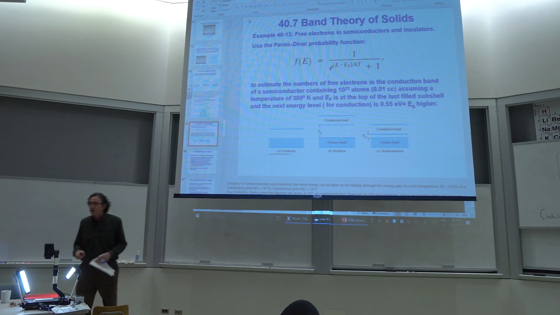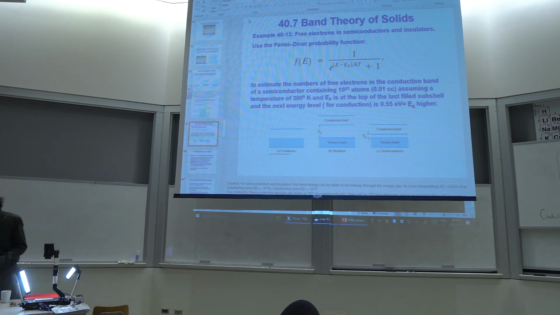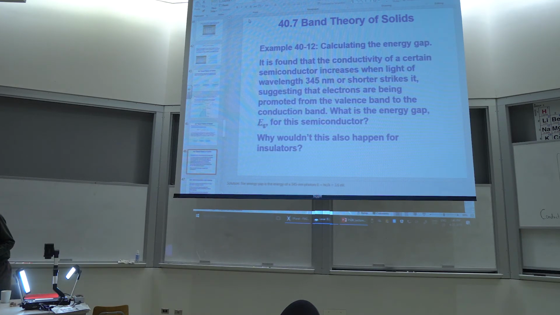So I can calculate hc over lambda for 345 nanometers. It turns out to be 3.6 electron volts, and so I've now found that the energy gap is 3.6 electron volts. By the way, that seems to be a high number for a semiconductor gap, but this was done as an example in your book.